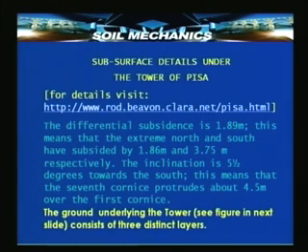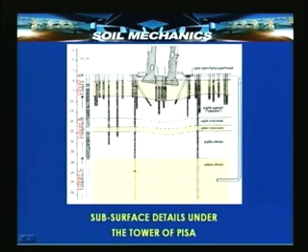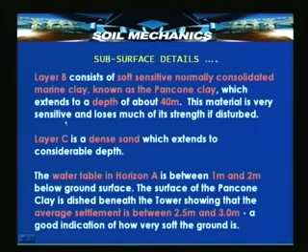Now, what is the reason for this settlement? You can see a lot of details about this, including the details of restoration of this, in the website which I have listed here. The prime reason is the subsurface condition. There is a layer A which is 10 meters thick, which basically consists of deposits of sandy and clayey silts. Below that there is a layer B, and below that a layer C. Layer B consists of sensitive, normally consolidated marine clay.